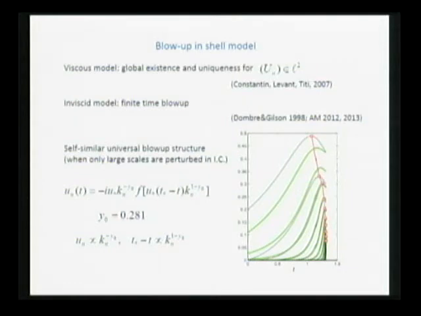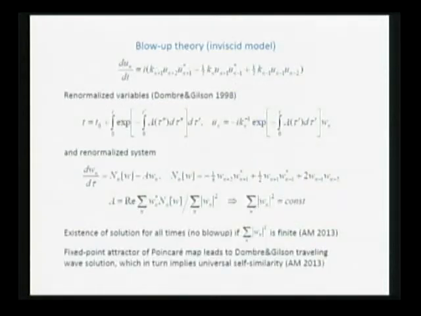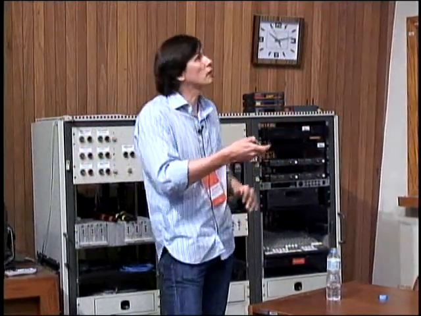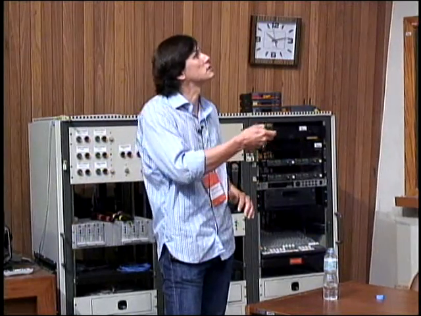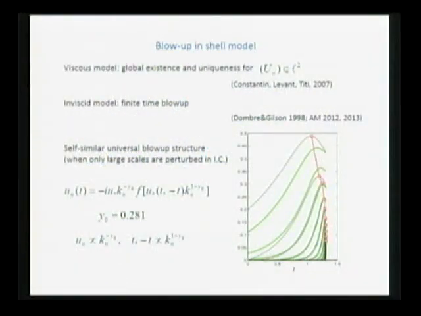So essentially, using this renormalization, you associate the blow-up with the attractor of a certain well-defined system. If you have an attractor, like a fixed point attractor, then you have this self-similar solution, just this one.